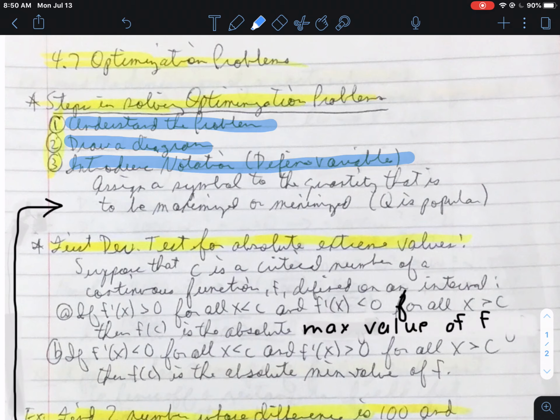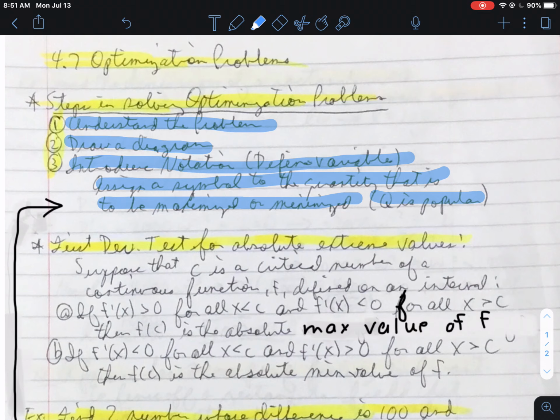Now, we're going to assign a symbol to represent the quantity that is to be optimized, whether we're finding a maximum or minimum value. If we have a specific variable or symbol in mind, then we can use that. For example, in one of our examples, we'll be maximizing the area of a region, so of course I'll call that A, for area. If you don't have a specific symbol in mind, by default the generic label is the letter Q, for quantity.